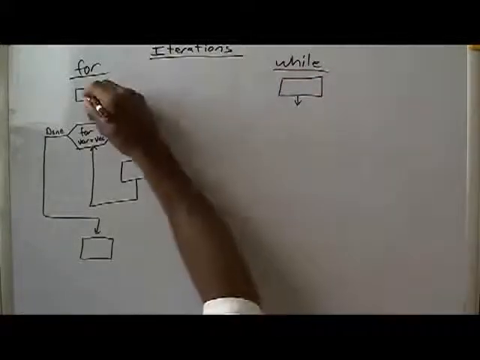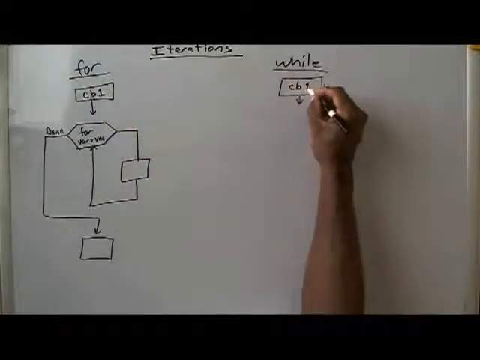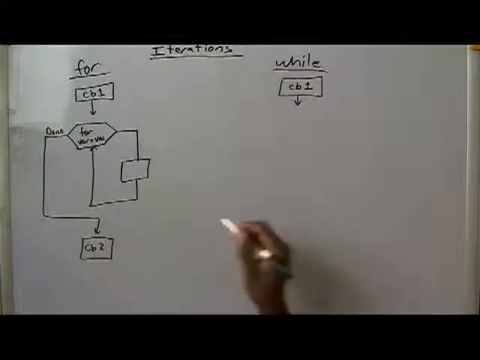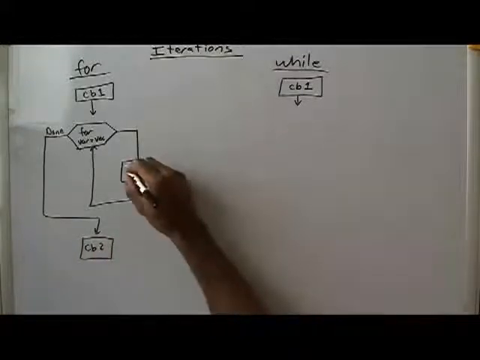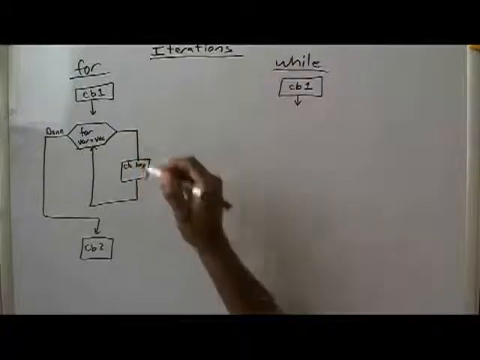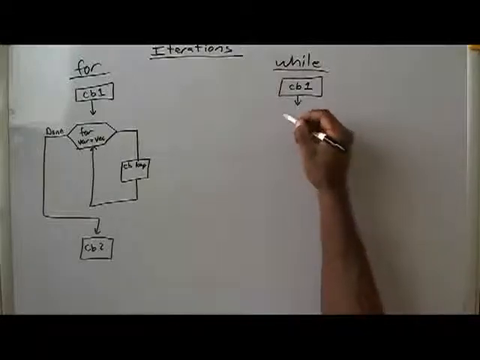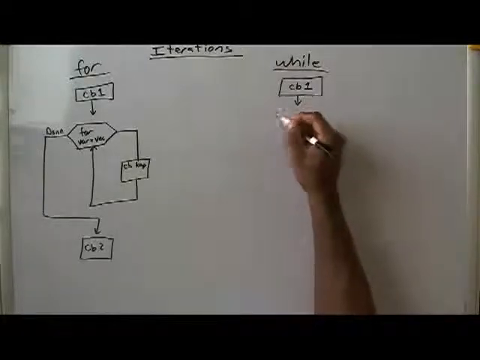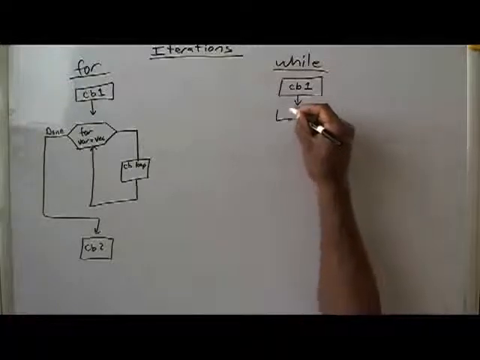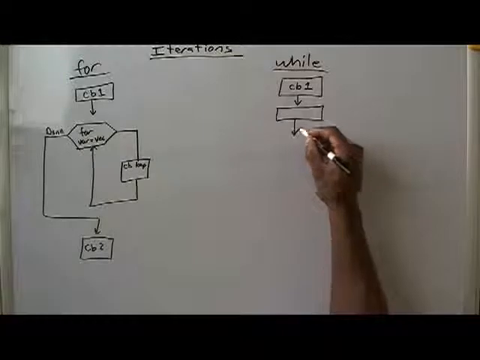Let's call this code block 1, and then the follow-up code block, let's call that code block 2 down here, and then let's call this code block loop, and I'll get to that in a second. So that's code block loop. Then let's go over here. The while loop requires some things, and I'll illustrate those as we go. I'm going to put this here, and then continue on with the diagram, and then I'll come back and fill in the explanation.